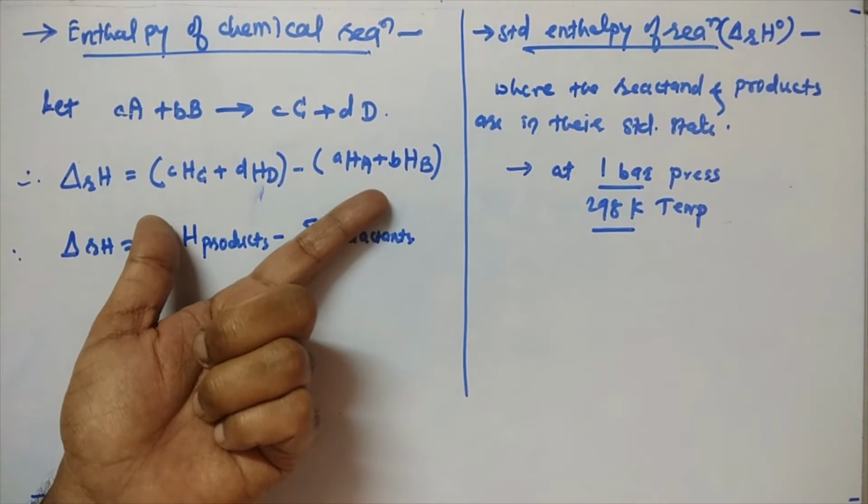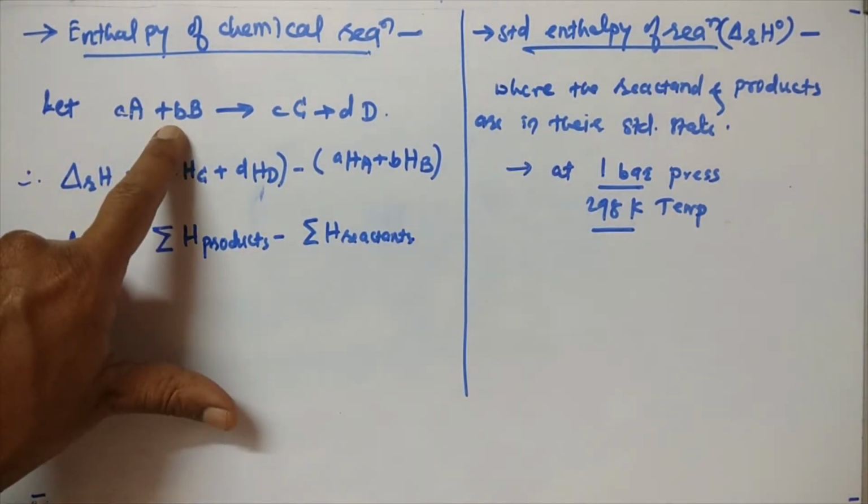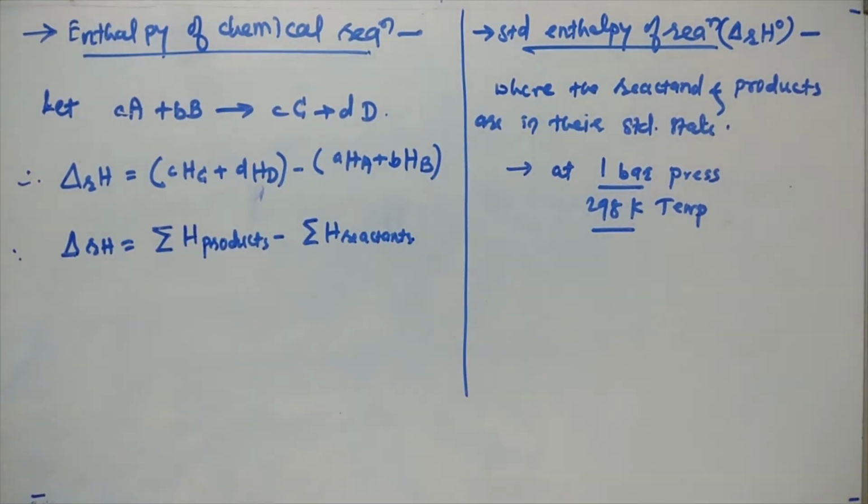Basically it is defined as the difference between the sum of the enthalpies of the products and the sum of the enthalpies of the reactants, with each substance in their standard physical state, where their number of moles are indicated by the coefficients in the balanced equation.